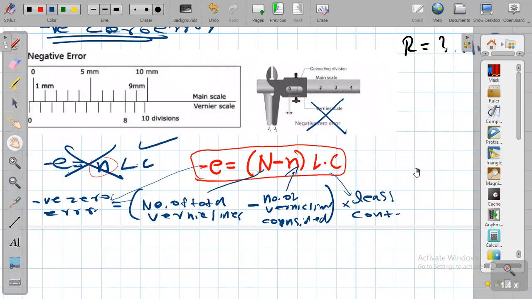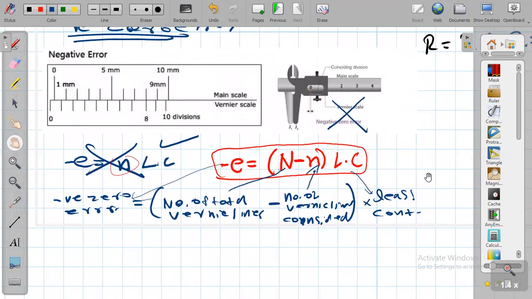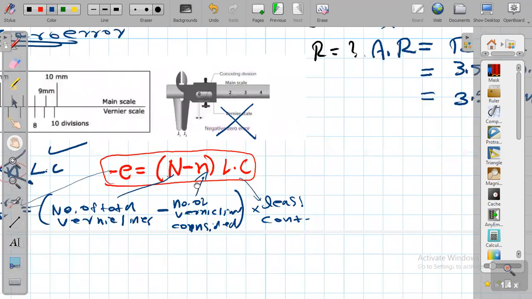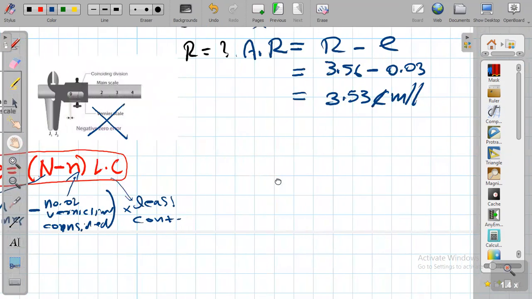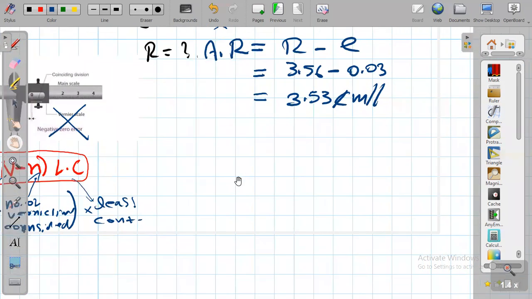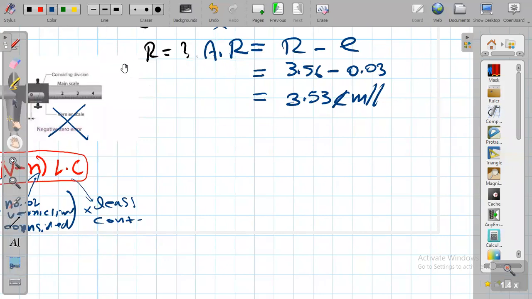Is there anybody who can't understand this one? Copy this one. I'll give you only 20 seconds more. All right.